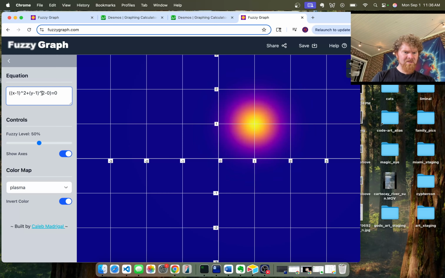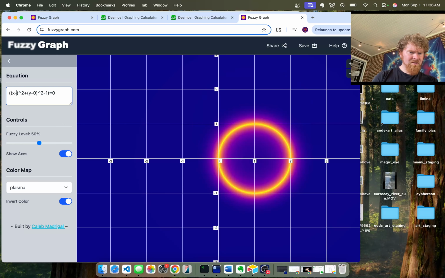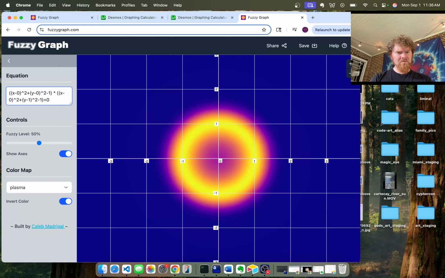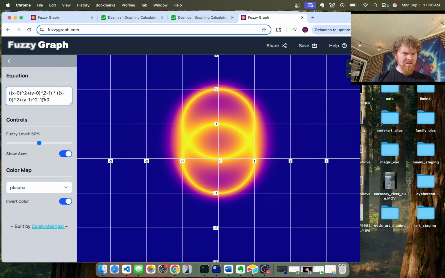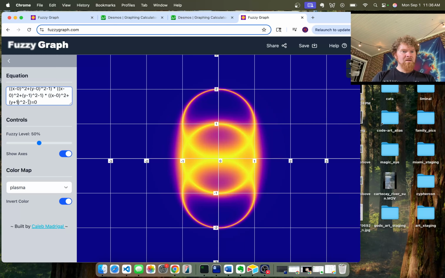Let's go back. Let's make this one 0, and this one 0. You can basically just multiply, and then this one will be at minus 1, and then I can just multiply again. This one will be at plus 1. And then I'm going to do the x minus 0.866.